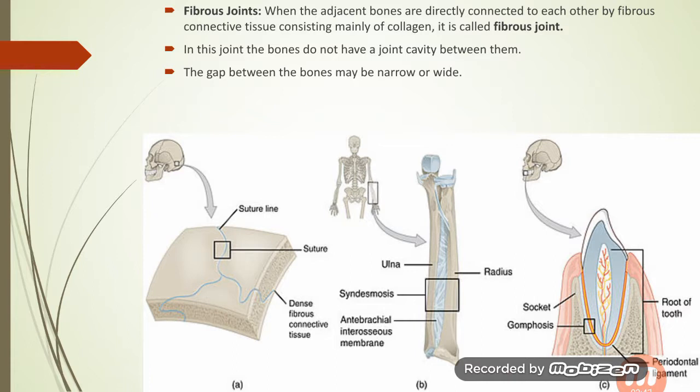The short fibers offer little to no movement, and the example is the inferior tibiofibular joint, and the longer fibers offer a longer amount of movement. Example is the interosseous membrane, which connects radius and ulna.